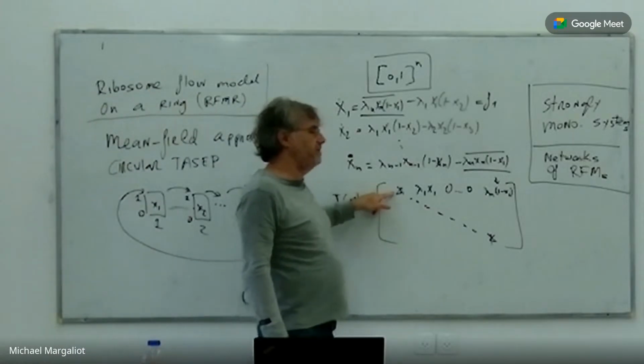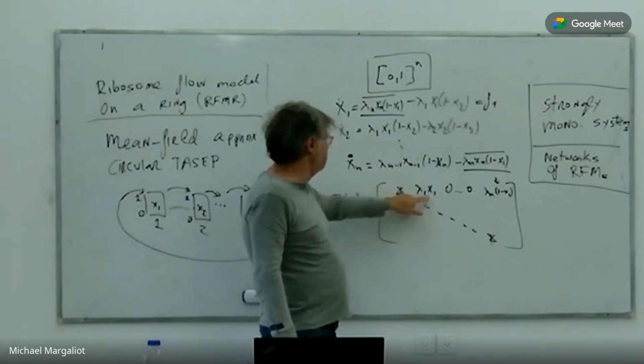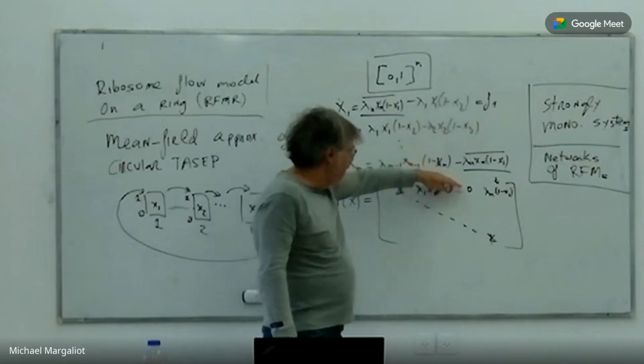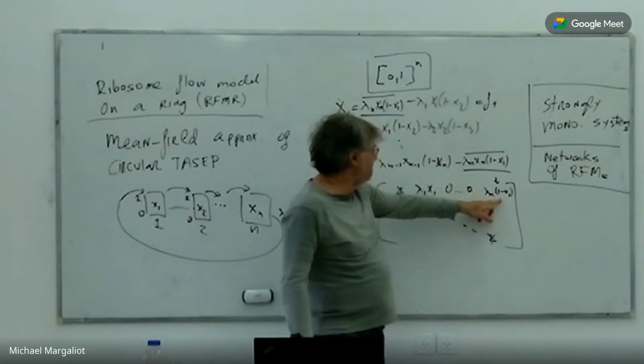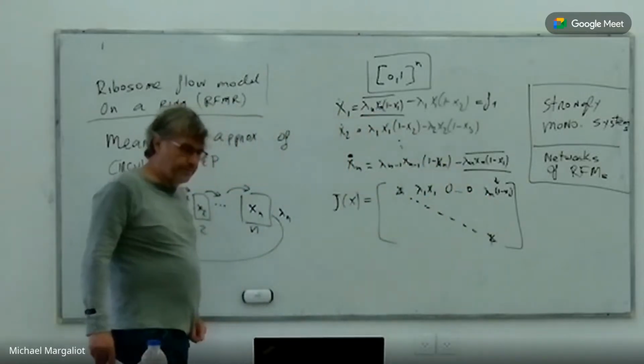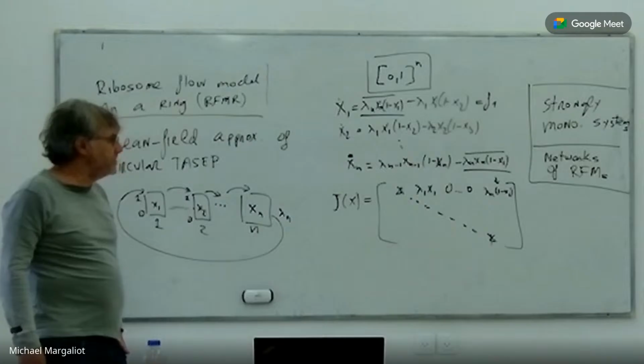This is the derivative with respect to x_1, I don't care about this. This is the derivative with respect to x_2. This is λ_1 x_1. And this is the derivative with respect to x_n, which now appears. It did not appear in the RFM. In the RFM, this was 0.